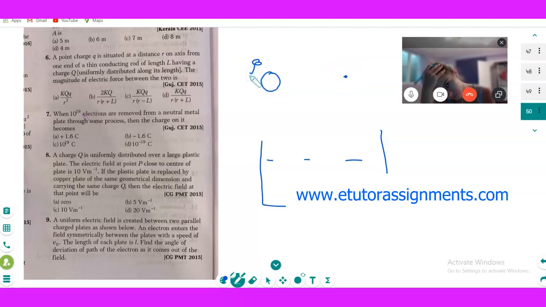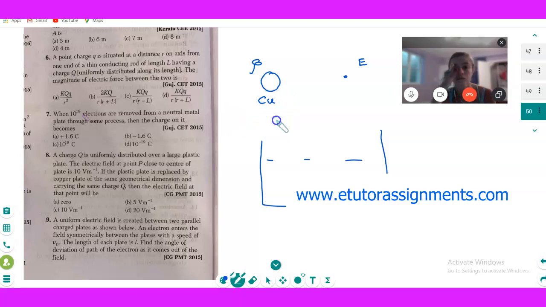How much charge is it having? Q. And it is made of copper, Cu. And electric field at this point is suppose E. If I have replaced this copper with gold, then what happens? Please tell me.